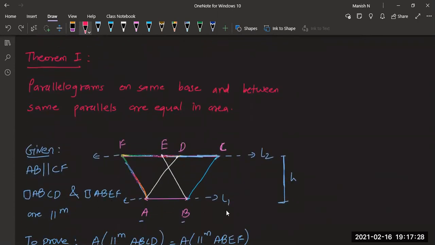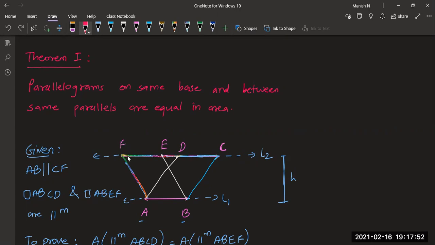It says given AB is parallel to CF. Line L1 is parallel to line L2, and we'll say AB is parallel to CF. And we are given that quadrilateral ABCD and quadrilateral ABEF are parallelograms.